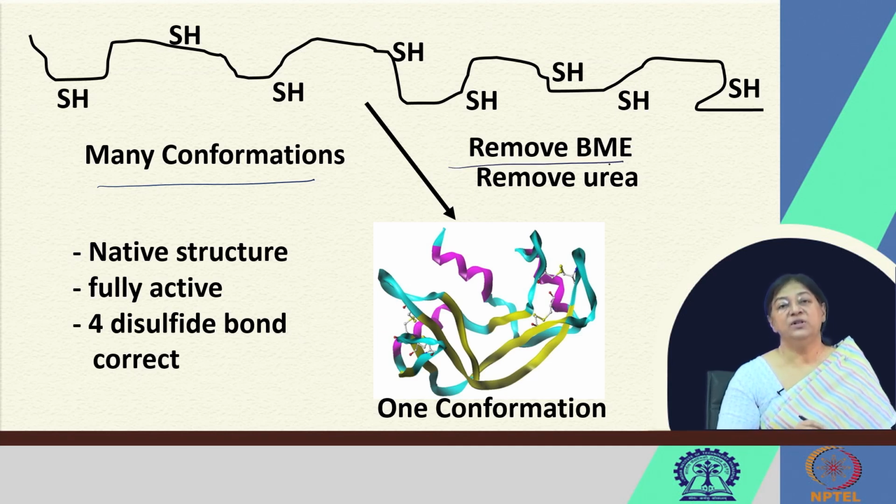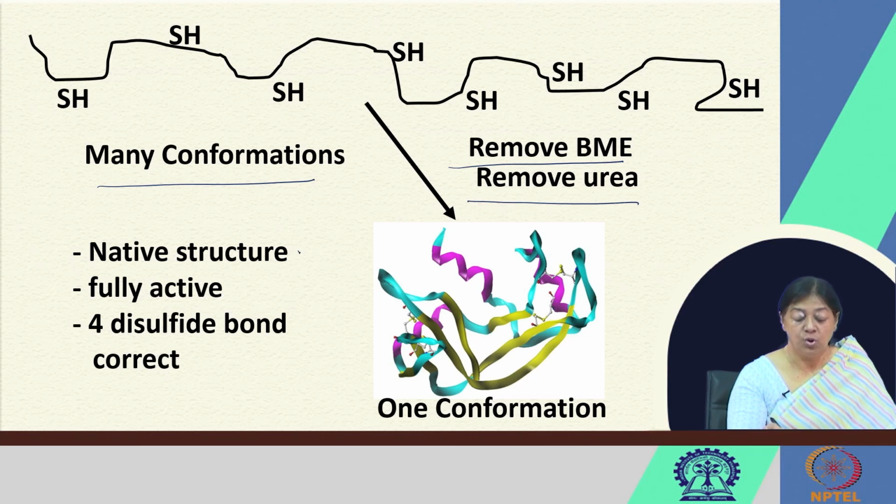Beta mercaptoethanol was removed, allowing an oxidation process to occur, forming the disulfide linkages again. Urea was removed to allow the protein to refold, and what was found? The native structure was returned.